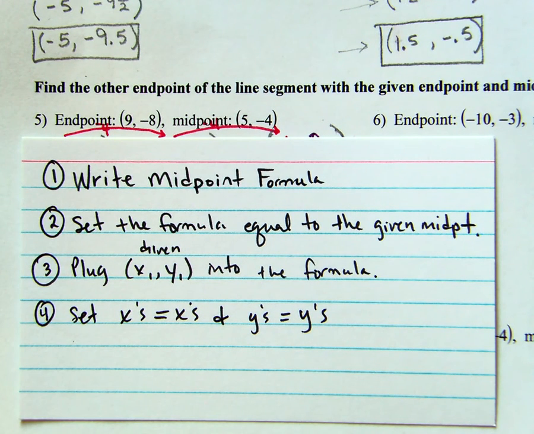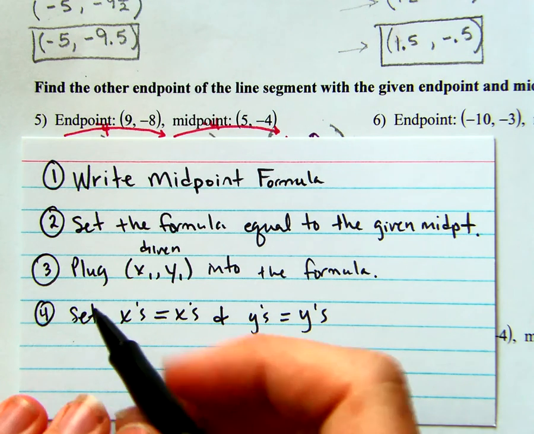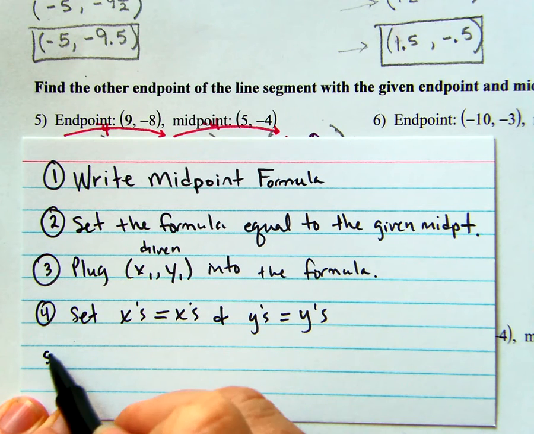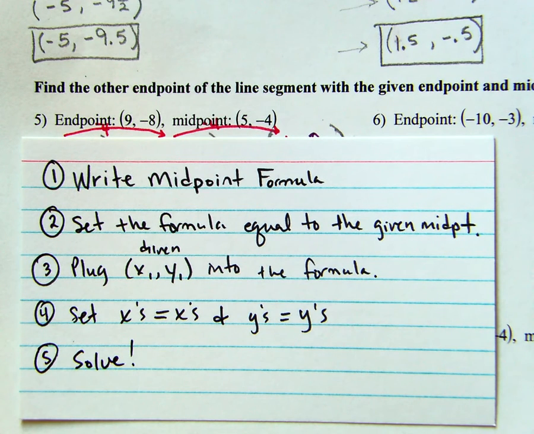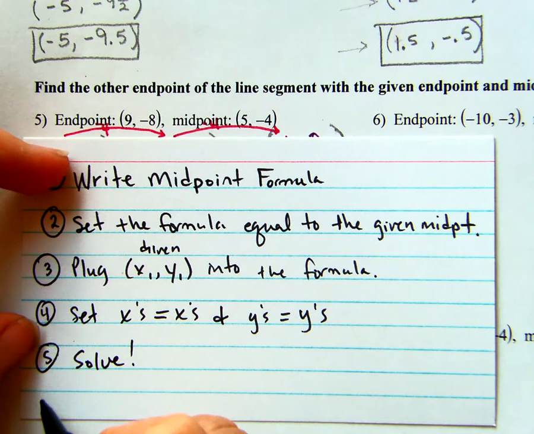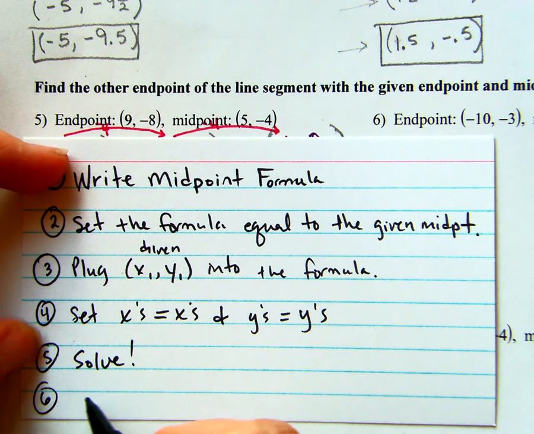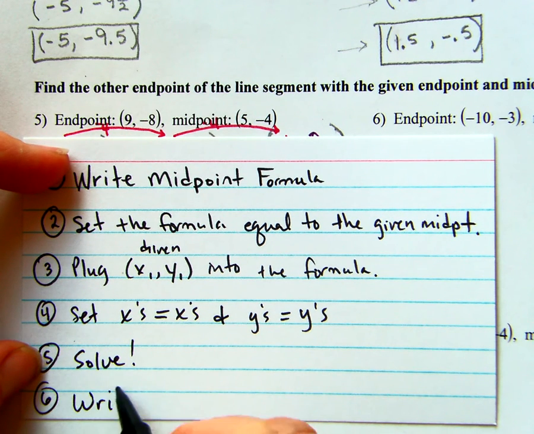Right? All right, so now I've got two equations, and I'm going to work an example. It's going to make more sense in a second. Now I've got two equations, and I can just solve. And then once I have my two equations solved, I can write my answer as an ordered pair.